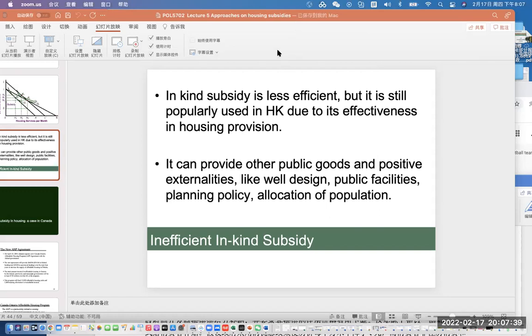And how about Lin Xiaoxuan? Lin Xiaoxuan, you can answer the question by using an economic way to argue which one is less efficient or efficient.